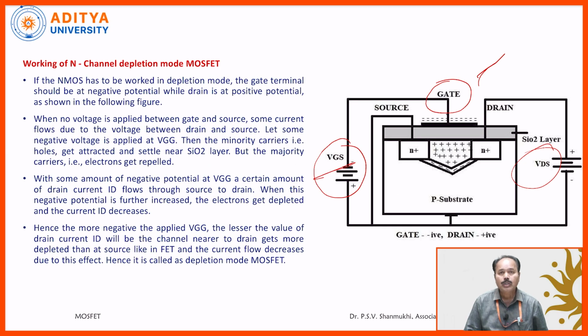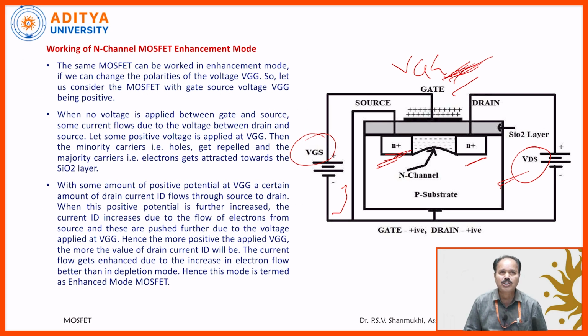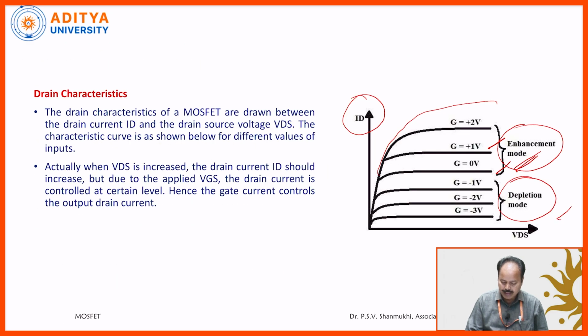So coming to the enhanced mode of operation, in both cases when there is no voltage given to the gate and VDS is applied, automatically from source to drain a little bit of current flows, because of the diffusion of the carriers. Automatically we can observe some current in the VI characteristics at VGS equal to 0.